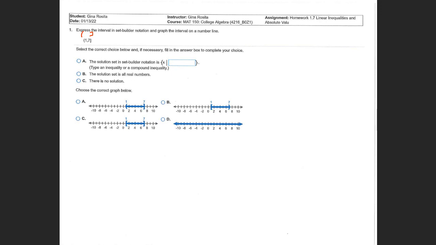The open interval, I just write down this one for review: (A, B) is the set of all real numbers x such that A less than x less than B. This is for the open interval.